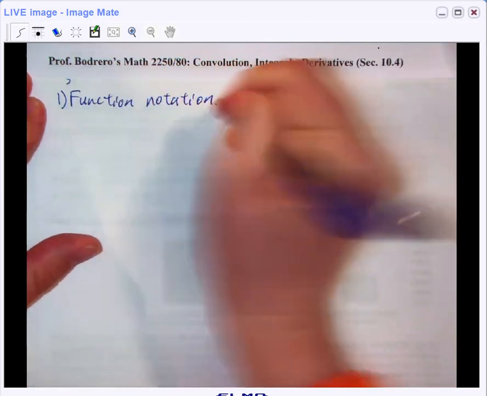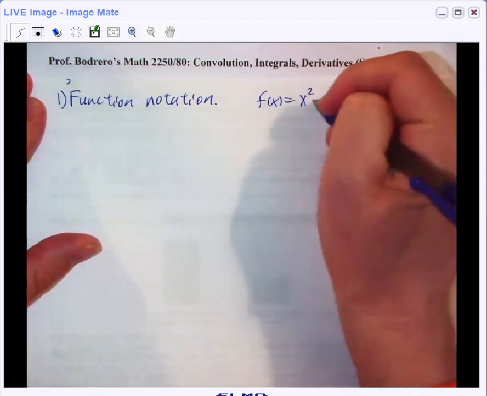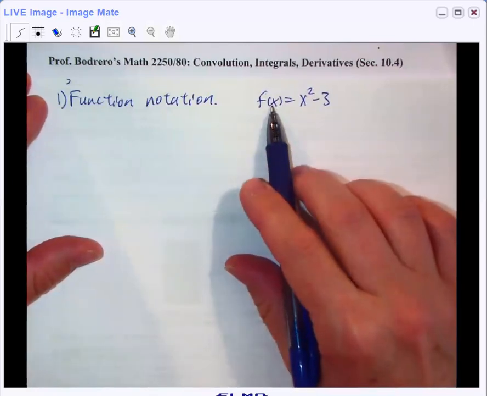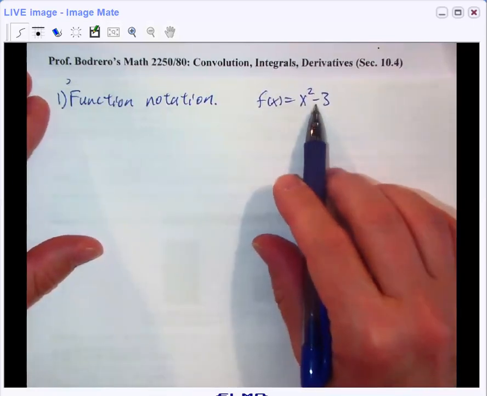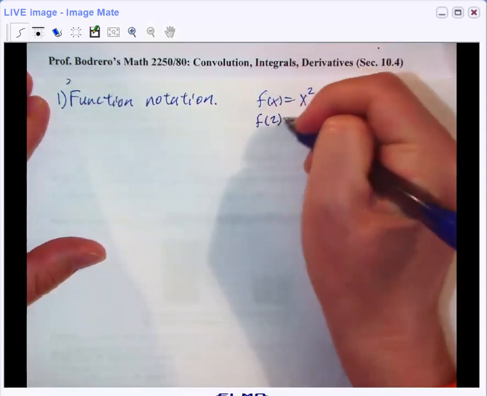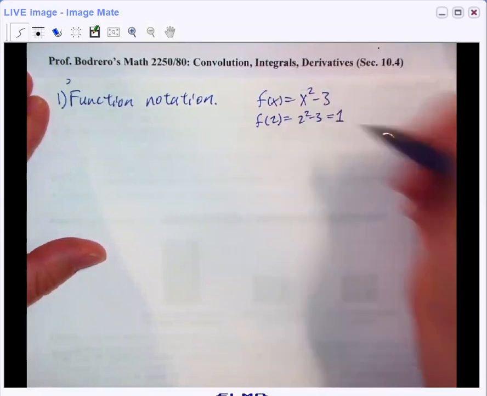Okay. So if we write f of x equals x squared minus 3, that tells us whatever we put in, we're going to multiply it by itself and then subtract 3. So if I put in f of 2, I would get 2 squared minus 3, which evaluates out to 1.